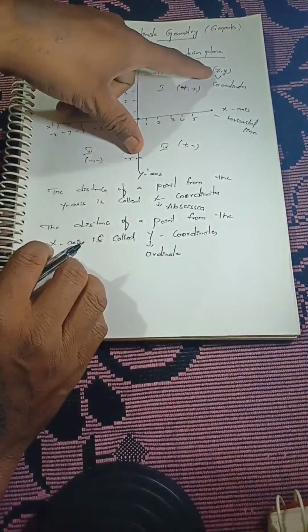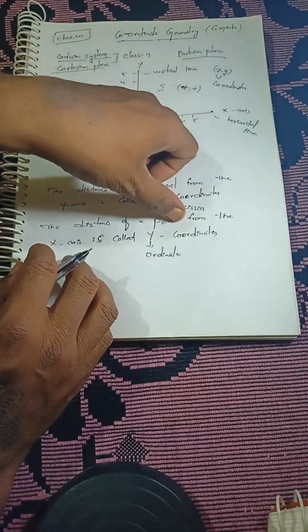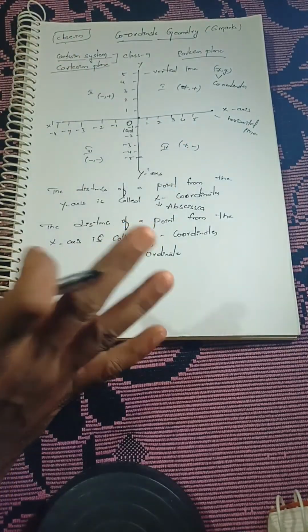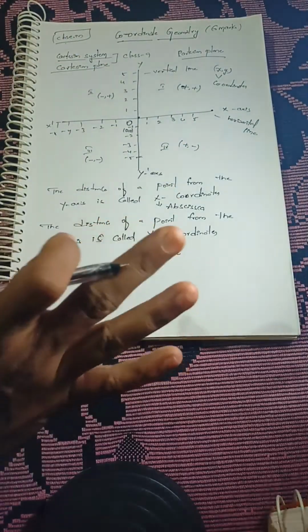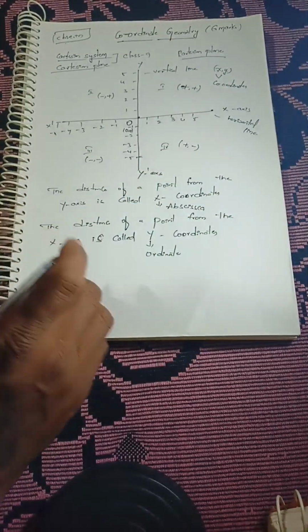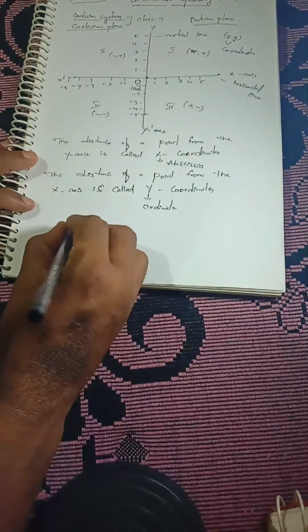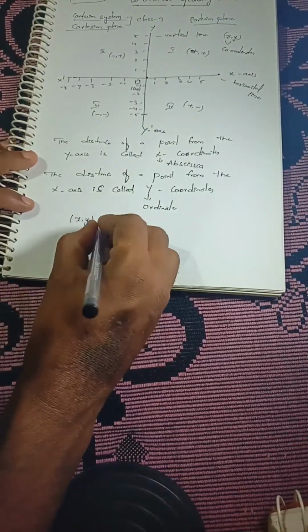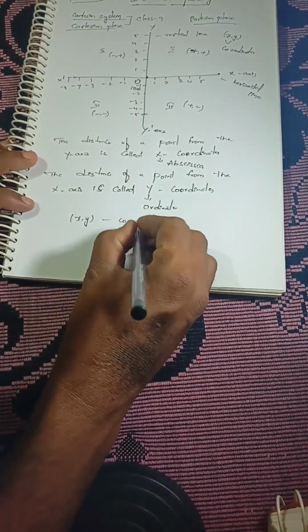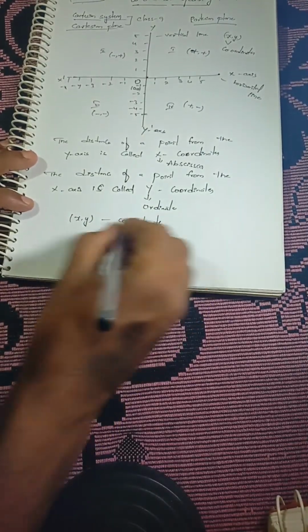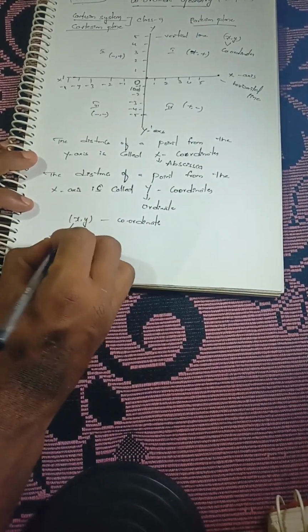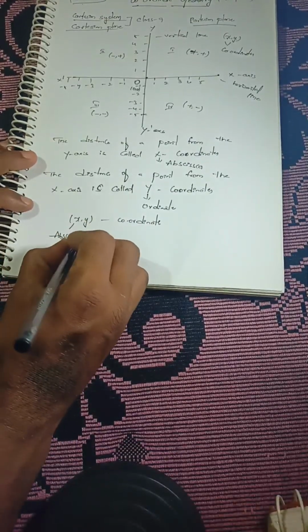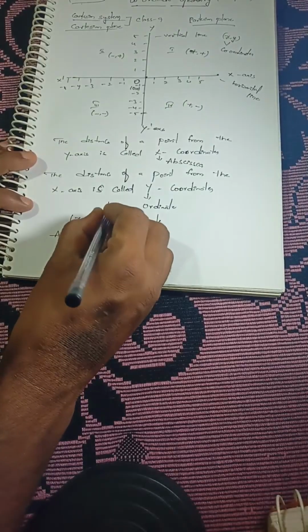The x coordinate point we call abscissa, the y coordinate point we call ordinate. So generally if you take a point x comma y, these are the coordinates of x and y. The x coordinate is called abscissa, and the y coordinate is called ordinate.